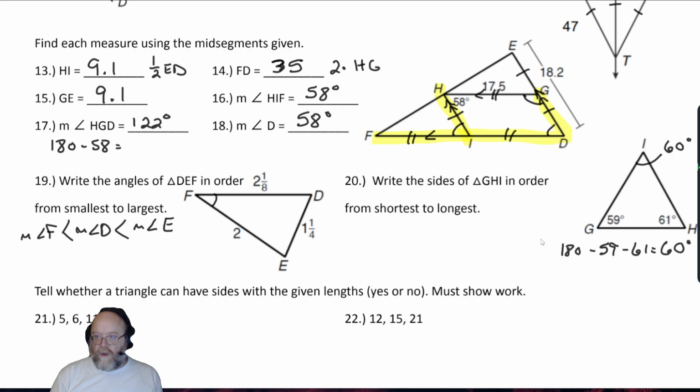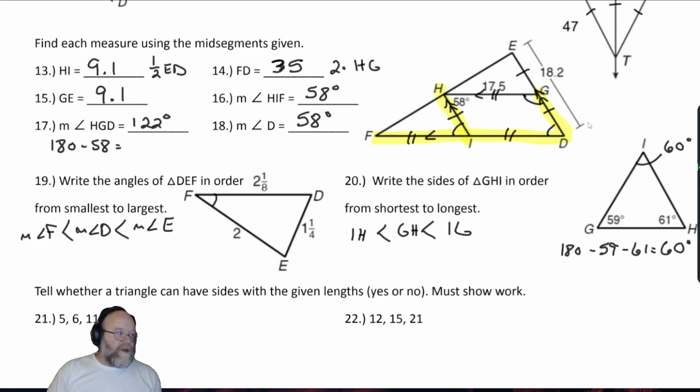It's the one made by the small angle, 59. IH is less than the 60, GH. Remember, the angle makes the opposite side. That's less than GH, that's IG. I hope that makes sense.